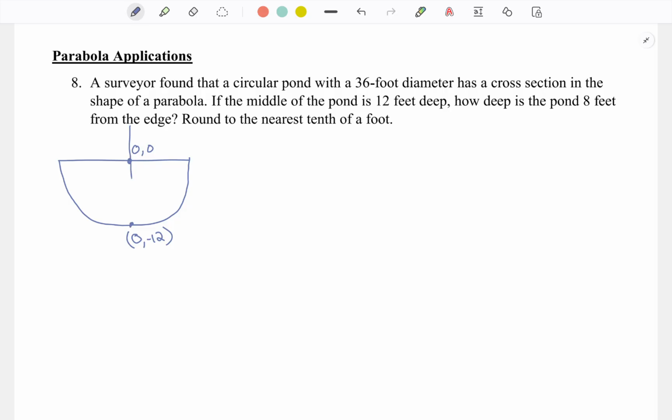So our axis of symmetry is actually here at 0 as well. And so our pond is 36 feet in diameter. And so that is going to be, let's see, 18 on each side.